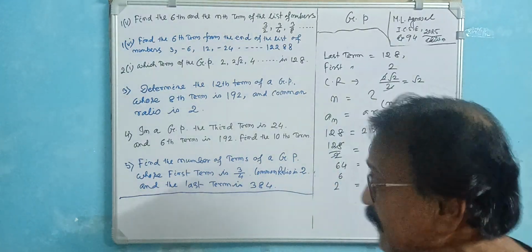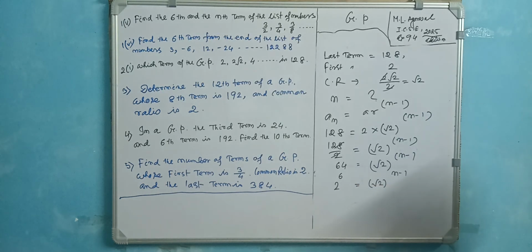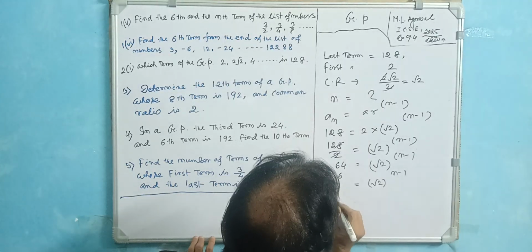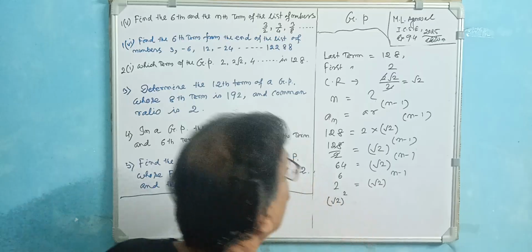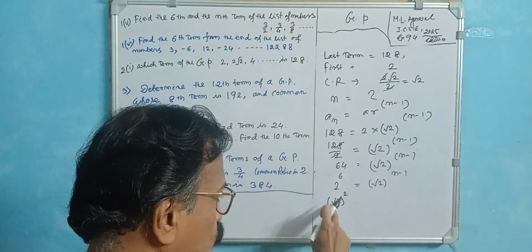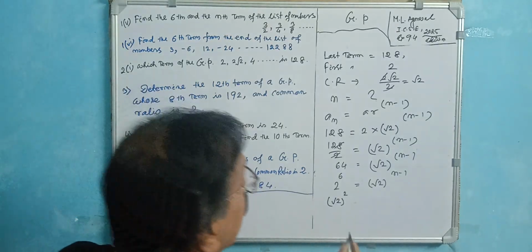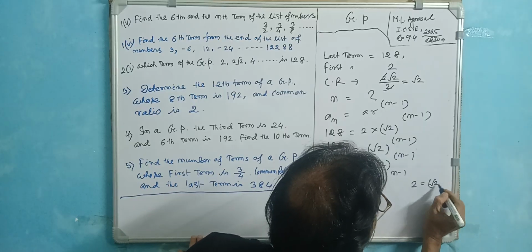Now this is actually not the GP part. This is actually the solving of exponents. You write 2 as root 2 squared. No problem. In place of 2, you write root 2 squared.